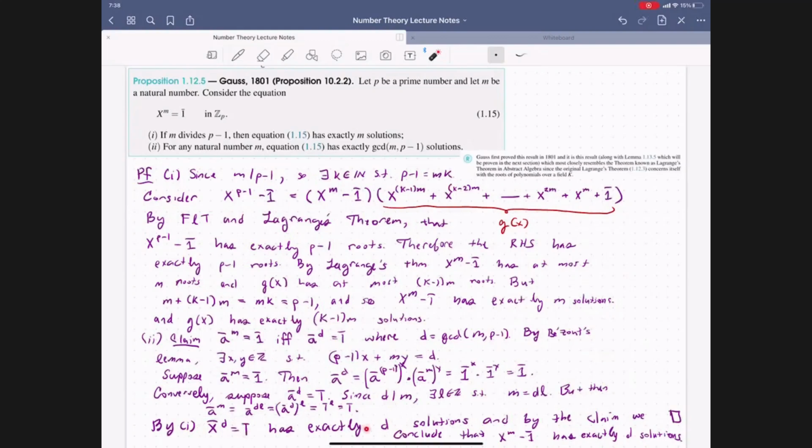And there's exactly d of those, so we have that x to the m minus 1 bar has exactly these solutions. And so now we have completed the proof of Gauss's proposition. This is, as I mentioned, the first instance, at least in the modern reformulation, of Lagrange's theorem. We're going to come back to this result as we continue working through modular arithmetic and leading towards quadratic reciprocity, which will be the focus for the next couple of weeks.